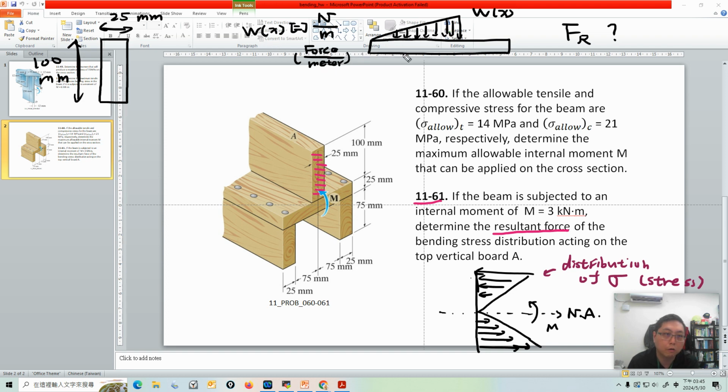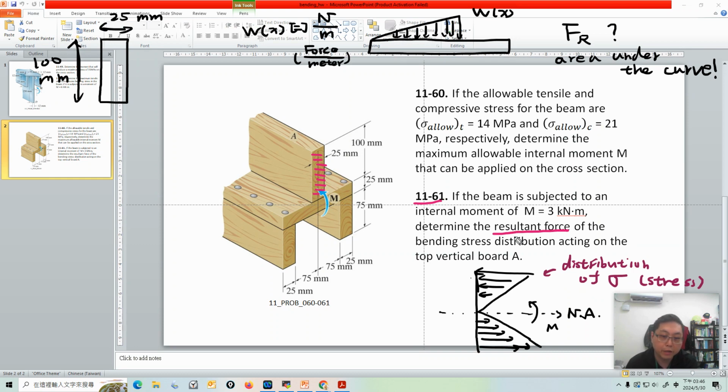The distributed load w is the force intensity, force divided by meter. And the resultant force is the area under the curve, right? Here you have to calculate the resultant force.